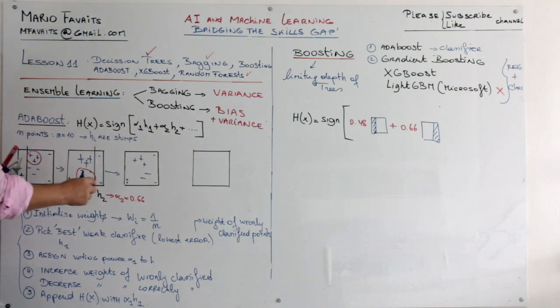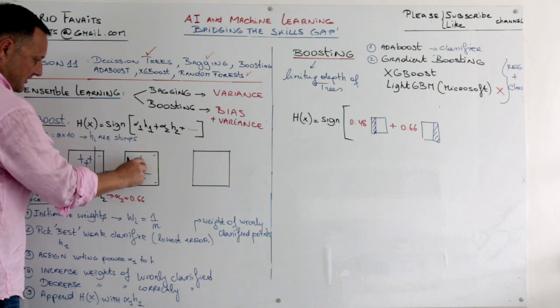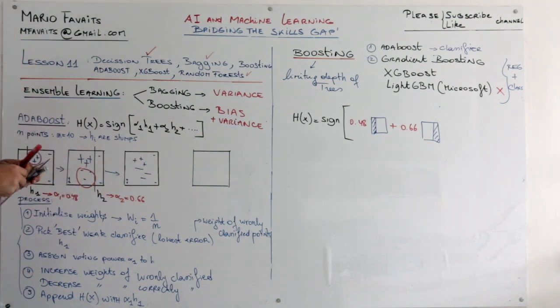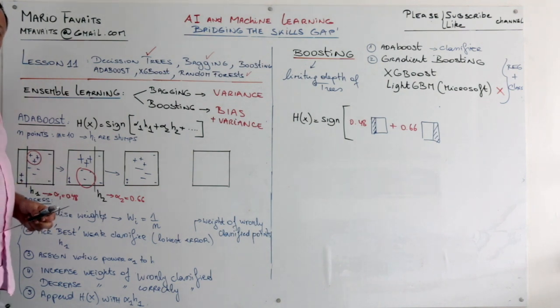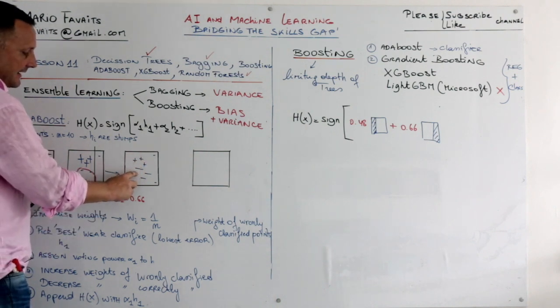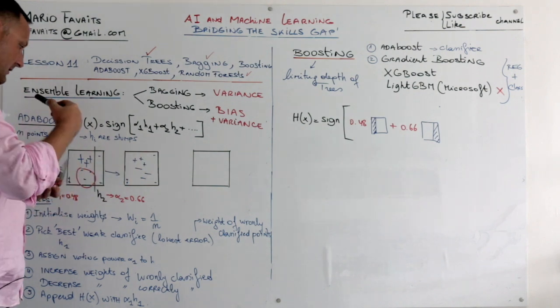Now we increase the weights of these minuses and reduce the weights of the points that were correctly classified. Here you can see that if you want to make a decision boundary between these two, it is going to be between the 3 plus cluster and the 3 minus cluster. They are quite dominant and have high weight.